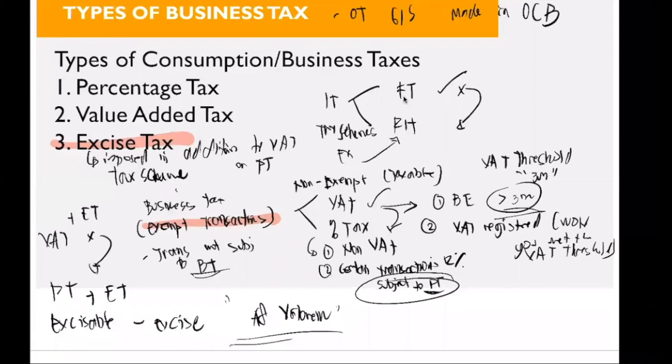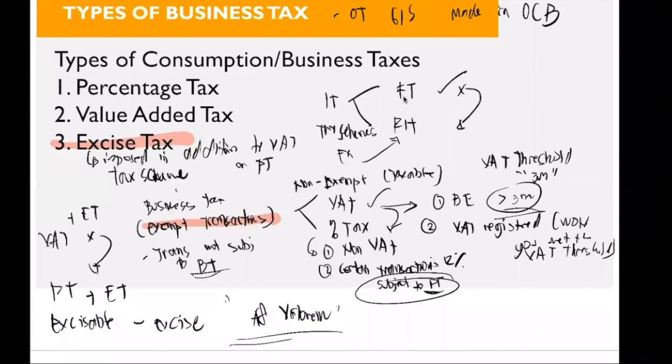Okay, so in this particular slide, what did we learn? We learned that just like your income tax, we have your tax scheme. So in your income tax, again, if it is subject to final tax, then that is the tax already. If not, go to regular income tax. How about in a business tax? What is the tax scheme? If it's subject to VAT, go to VAT.